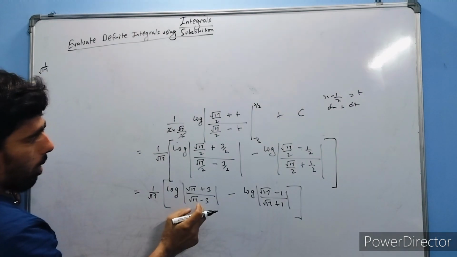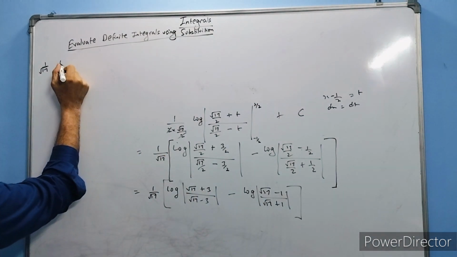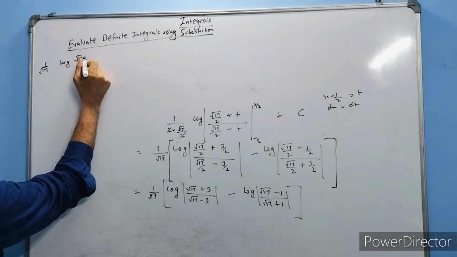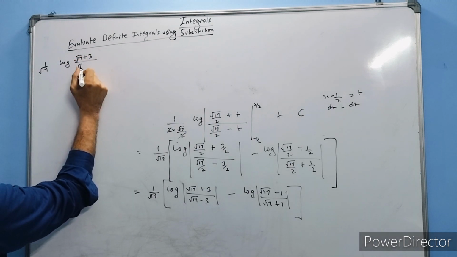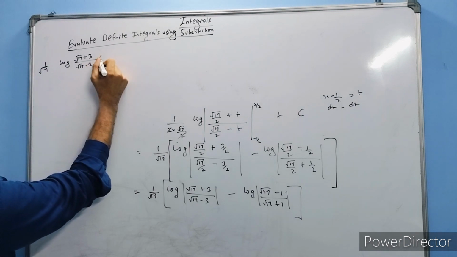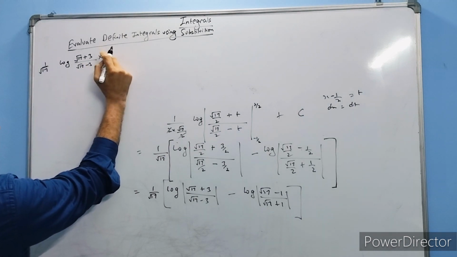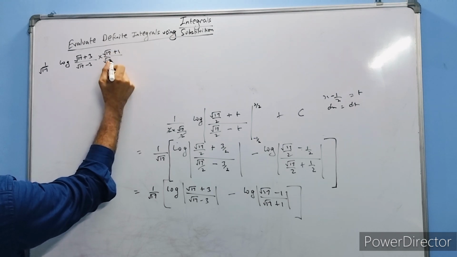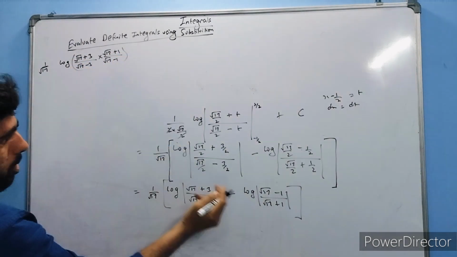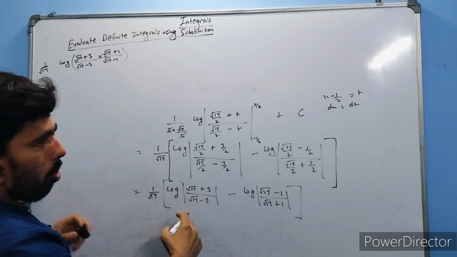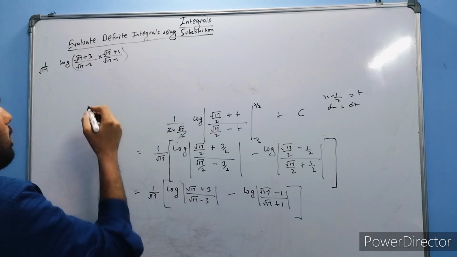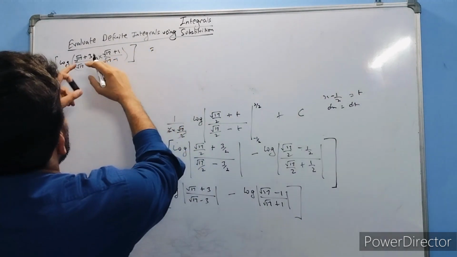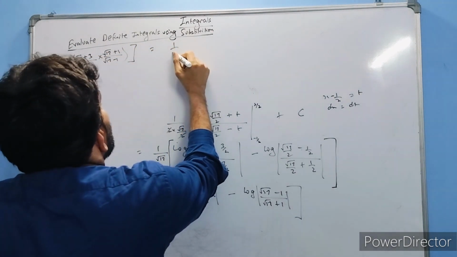So now log a plus log b will be log ab. I will get here root 17 minus 3 into root 17 plus 1 upon root 17 minus 1. Okay, I have just taken minus sign common here, so it will be plus, and the formula log a plus log b will be log ab.